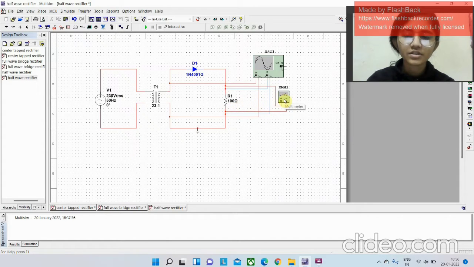I have also taken a multimeter to measure the voltage across the resistance. I have grounded the circuit.